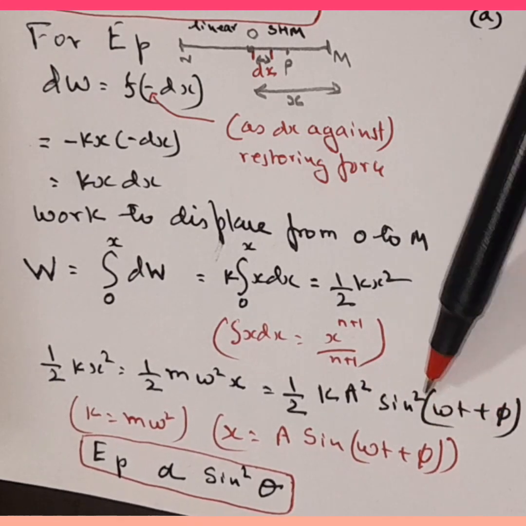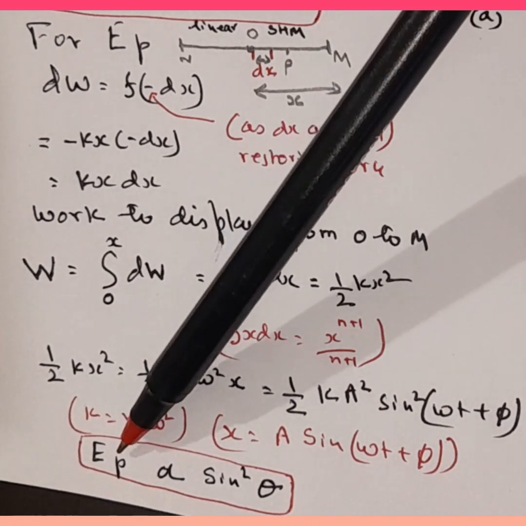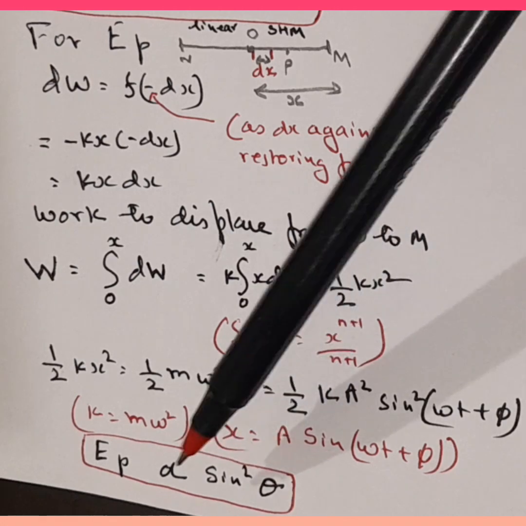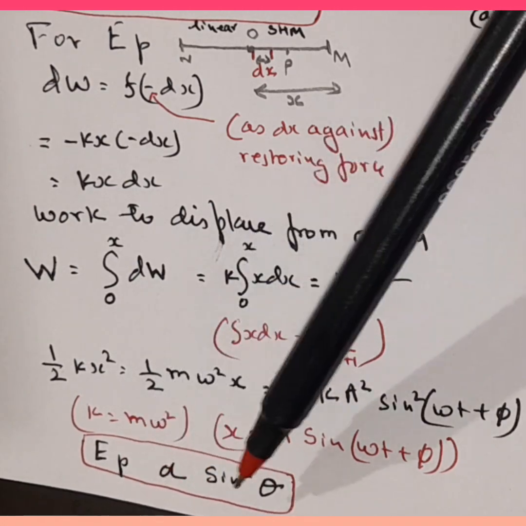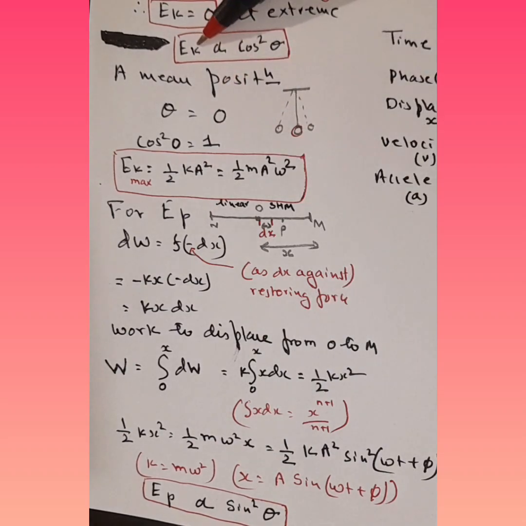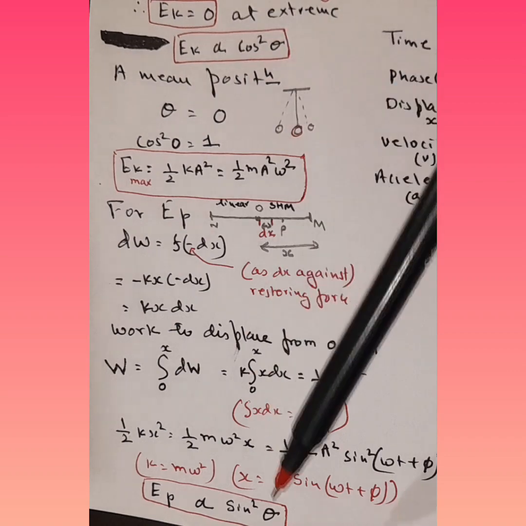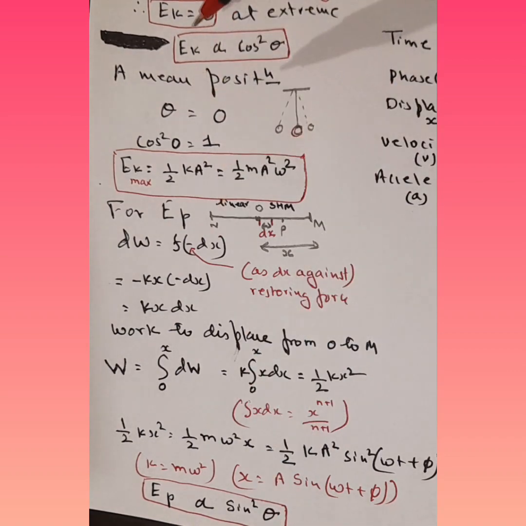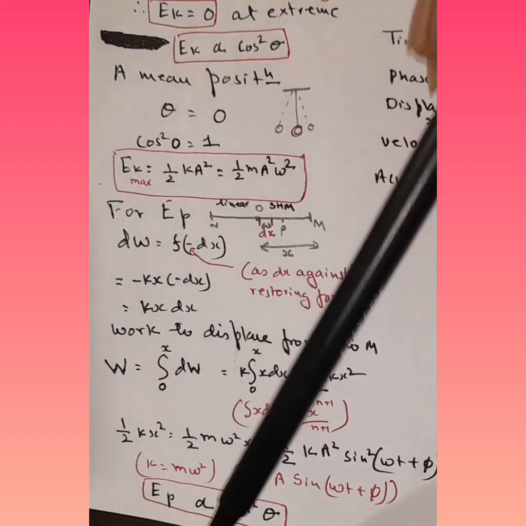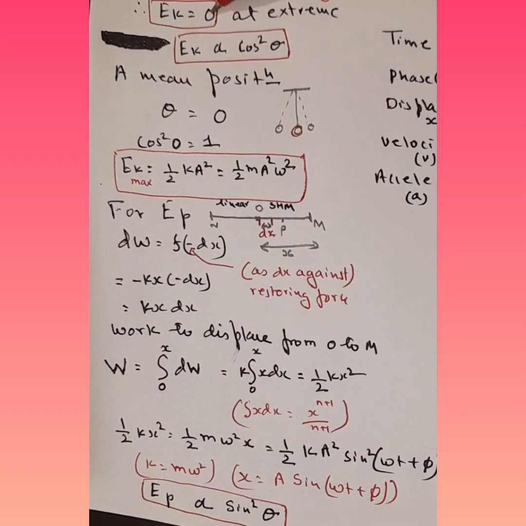So if we assume this to be theta, then we can say that potential energy is directly proportional to sine square theta. Mind you, potential energy is proportional to sine square theta, whereas kinetic energy is proportional to cos square theta. So this is cos, this is sine. And yes, why not?